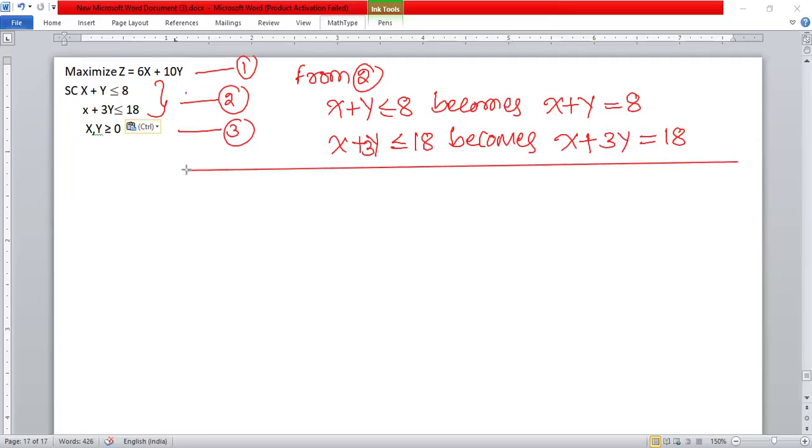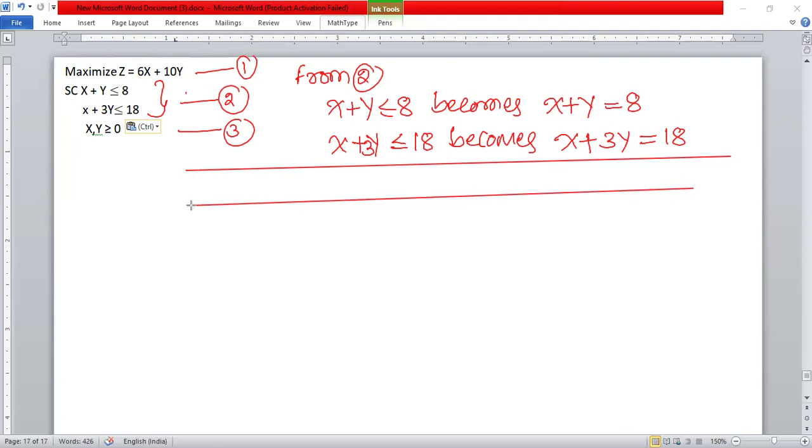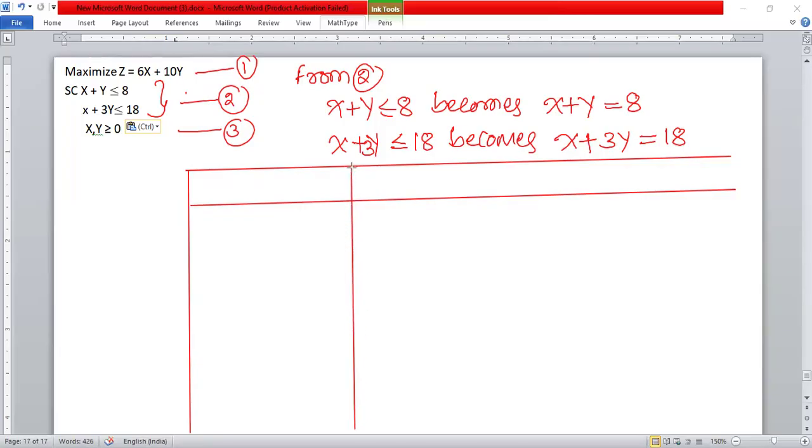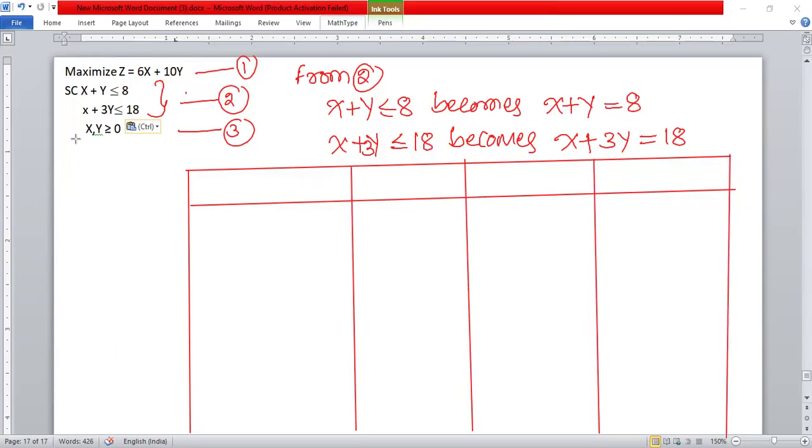Now, first one, x plus y is equal to 8. Put y is equal to 0, so x plus 0 is equal to 8, finally x is equal to 8.